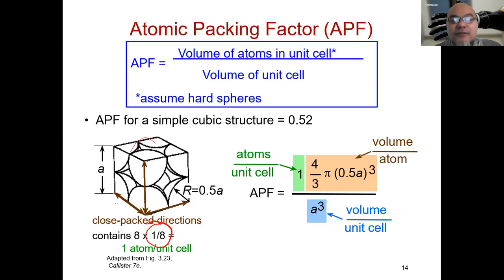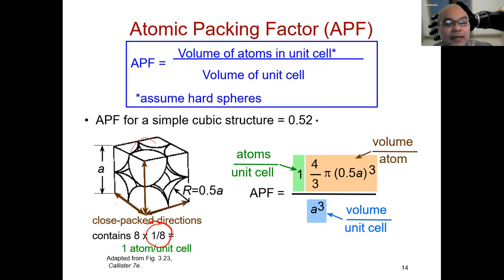Excuse me. Based on the definition of atomic packing factor, we continue with the calculation of the numerator. The numerator is the volume of atoms in the unit cell, which equals the number of atoms per unit cell, in this case 1, times the volume of a single atom.